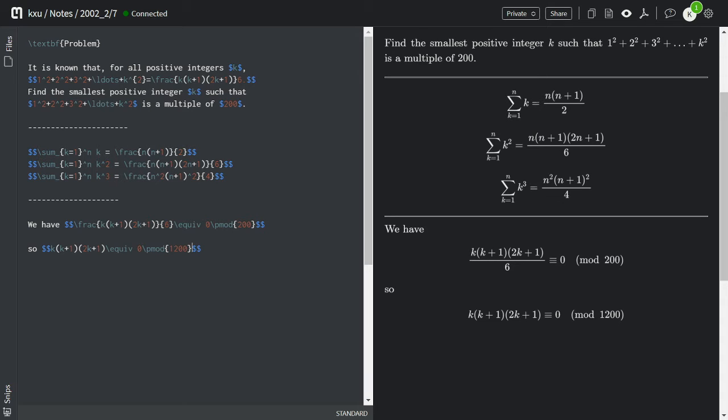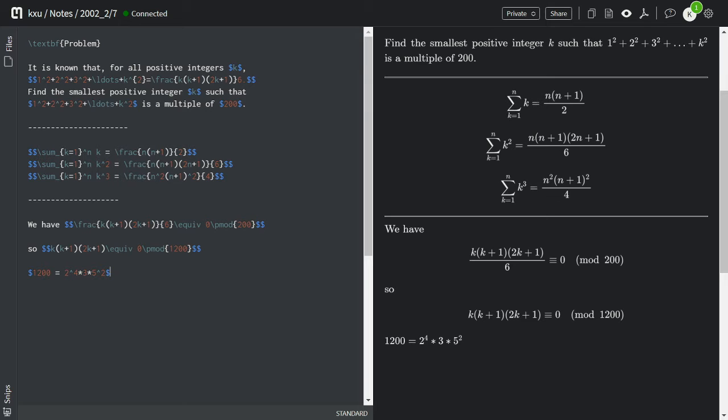So you know what a really stupid method would be? It's to bash out all 1200 residues and see which one works. Of course we're not going to do that. Instead, we're going to split it up into relatively prime products. So you can split 1200 into 2 to the power 4 times 3 times 5 squared.